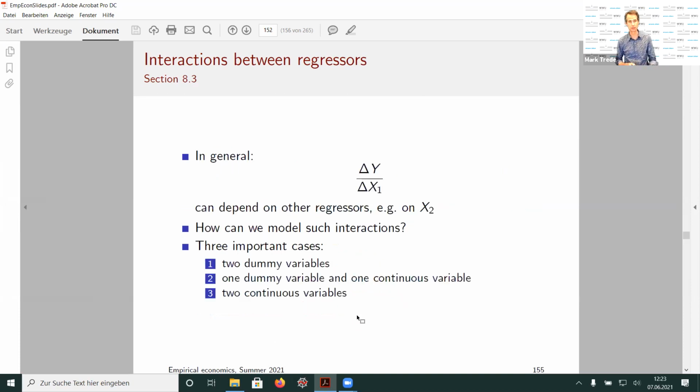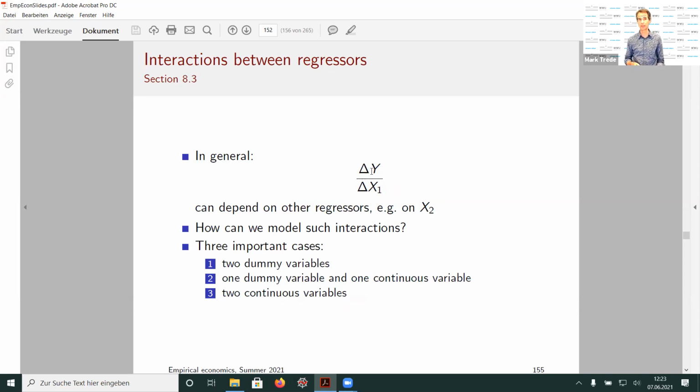All right, so in a more general notation, going away from this running example to the more general case, we might say that the marginal effect of one regressor variable, say x1, does depend on other regressors, for instance on x2, in which case this term here, the marginal effect, the causal effect, if you like, the effect we are interested in, is no longer constant.